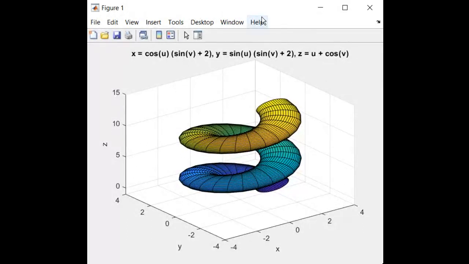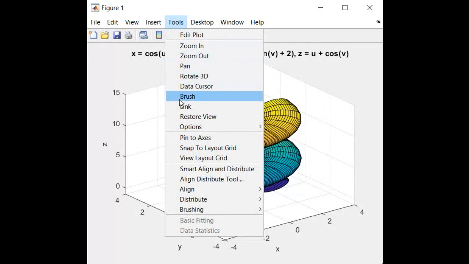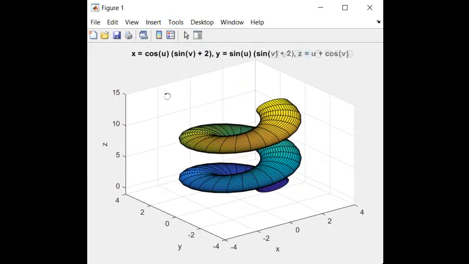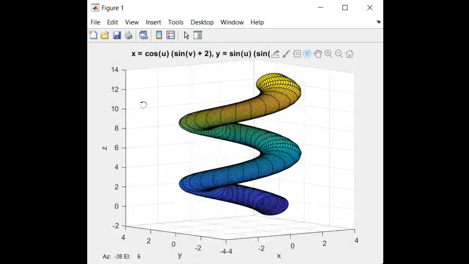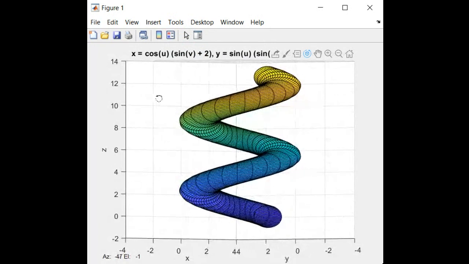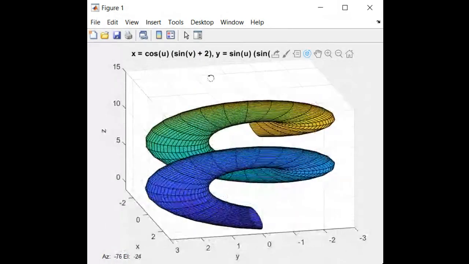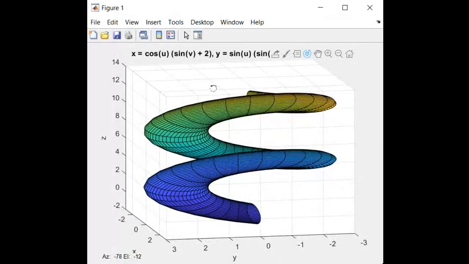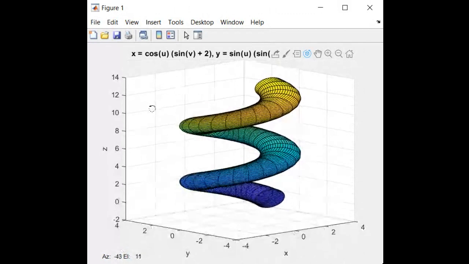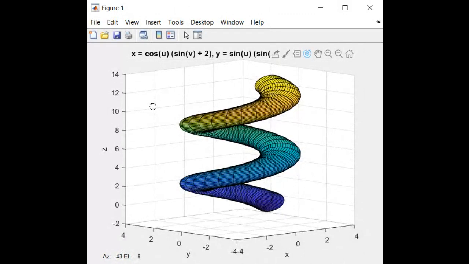Okay, there you go. You can go to Tools and Rotate 3D if you want to rotate it a little bit. And of course, the X and Y axes we can get the way we're used to. You just have to turn it around.